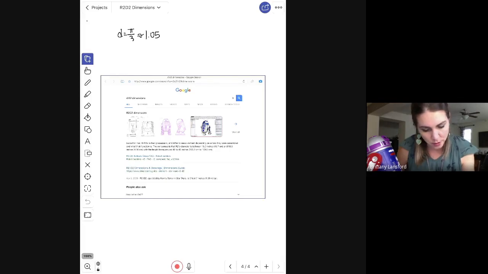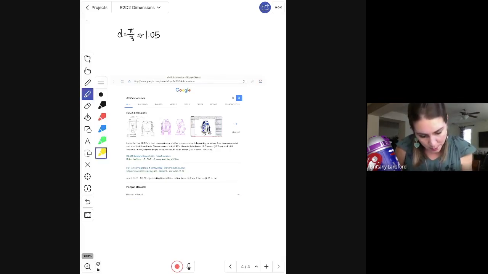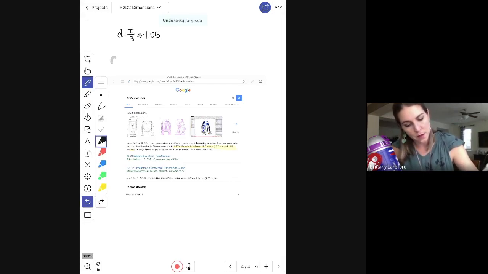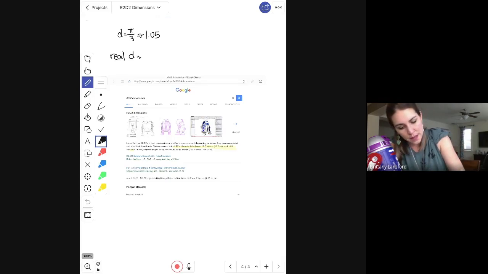A quick Google search tells me that R2's diameter is between 18 inches and 18.5 inches. So the real diameter is approximately 18 inches, not the 1.05 that we were hoping for.